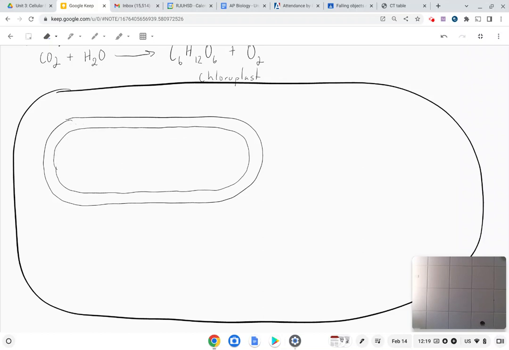And so this would be the thylakoid membrane. It's got some thickness to it. And then inside the thylakoid, the structure would be the thylakoid space. So you've got this cavity, like a hollowed out structure.